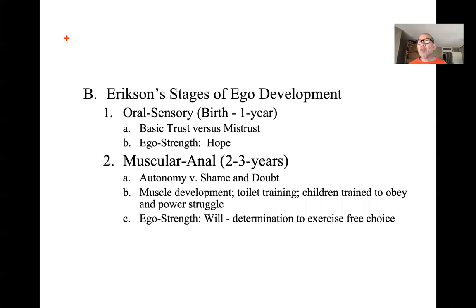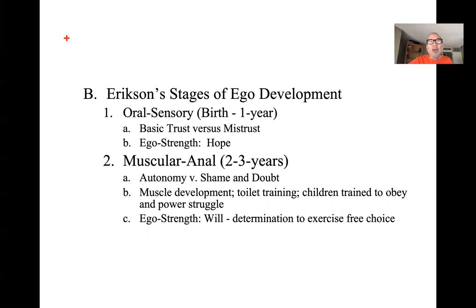Okay, so Erikson proposed 8 stages. The first of the 8 is the oral sensory, and it's from birth to the first year, and it kind of harkens to Piaget's sensory motor stage, in that the way we relate to the world is through the mouth, through feeding.